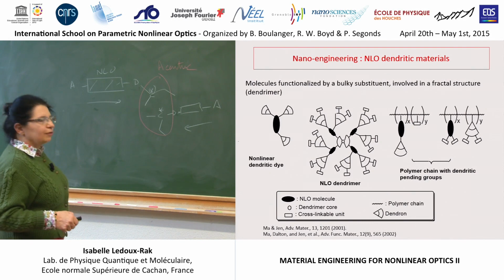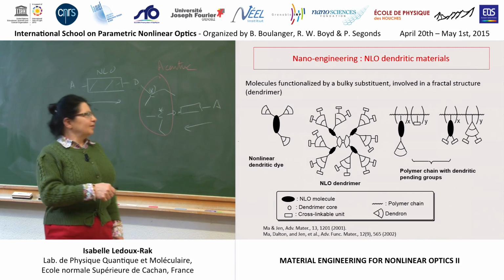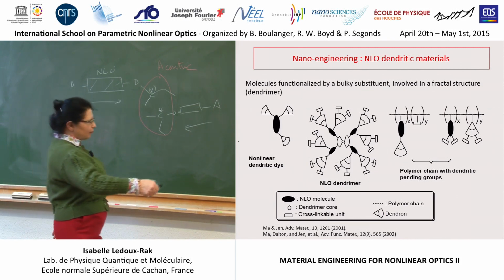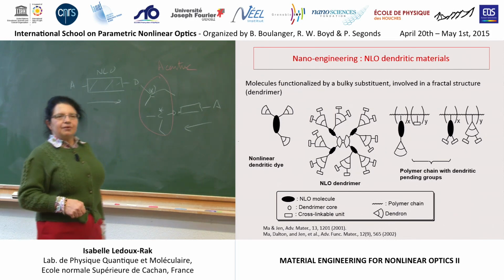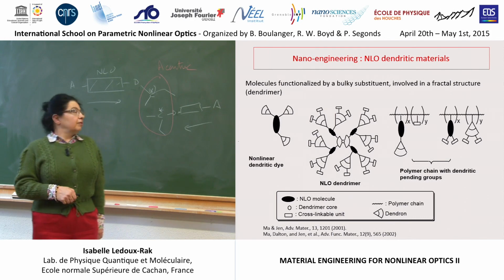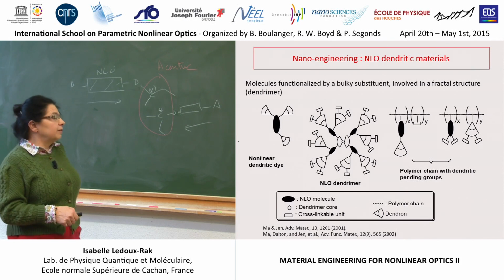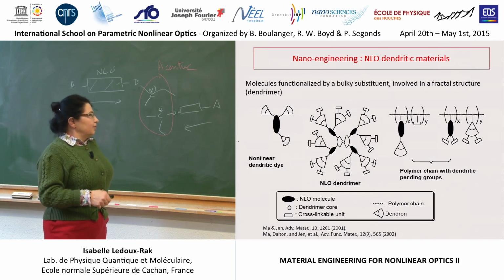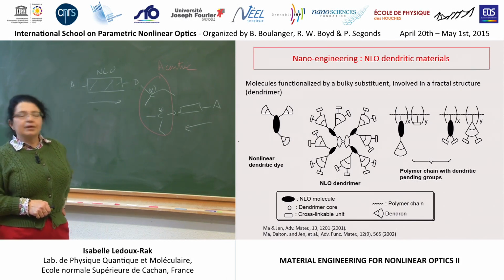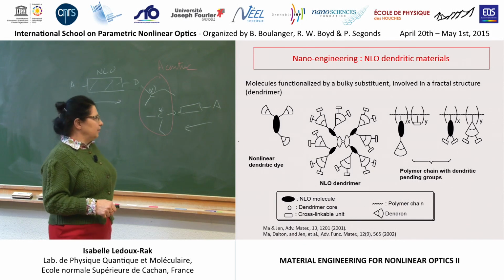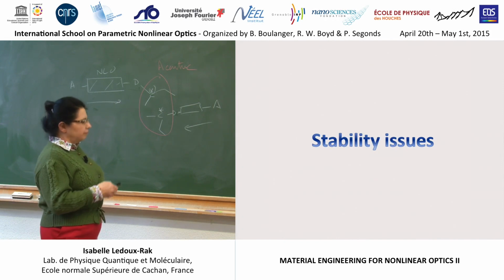The imagination of chemists is very large, and they found a lot of combinations between dendritic structures and the way to attach them to each other or to polymers, in order to minimize these dipole-dipole interactions. It works. We shall see that they have found a nice result, but it remains relatively limited because there is some mechanical screening, but not so much electrical screening. So dipole-dipole interactions still remain important.